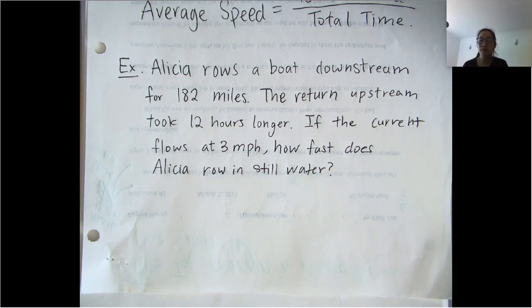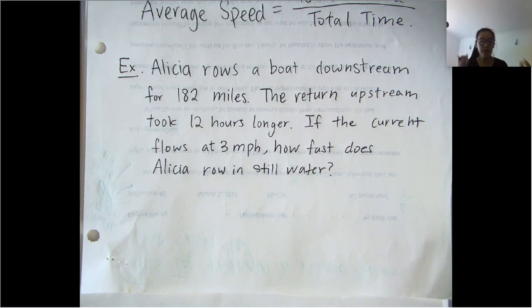And similarly, if you're going downstream, you get the help of the current, and so the rate is increased by the current, and so you would add the rate of current to whatever the actual rowing rate would be. This works similarly with wind problems where you're being pushed by the wind versus going against the wind, where you would subtract the rate. So just kind of keep that in mind.